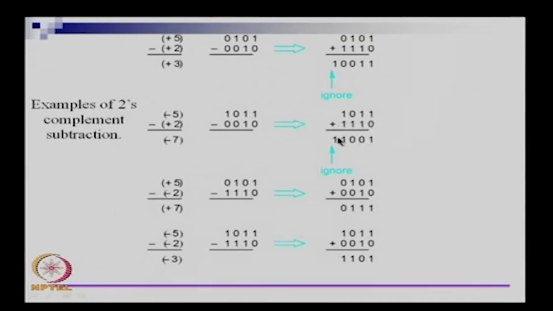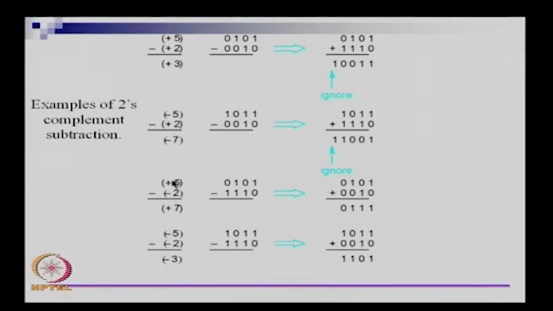You add these and you ignore the carry, you get a result which is 1 0 0 1. I want you to go and convince yourself that this stands for negative 7. It is easy to see because it starts with 1, so it is a negative number. Take 1 0 0 1, flip it, it is 0 1 1 0, add 1, it is 0 1 1 1, and that is 7. So, it is negative 7.